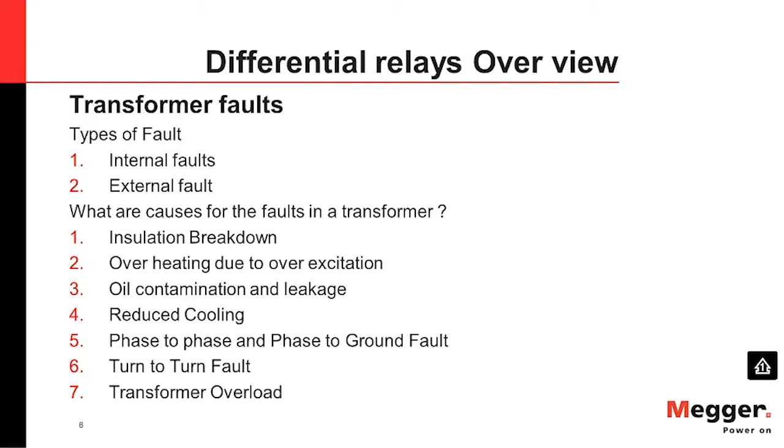The faults commonly inside the transformer are insulation breakdown, like the oil, or overheating, excitation, or oil contamination or leakage. These are things that happen inside the transformer, and we need to protect the transformer against them. Something like turn-to-turn faults is sometimes very, very low, so that you cannot see it, but we have other devices to protect against it.